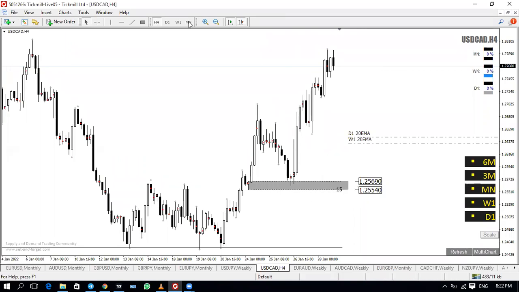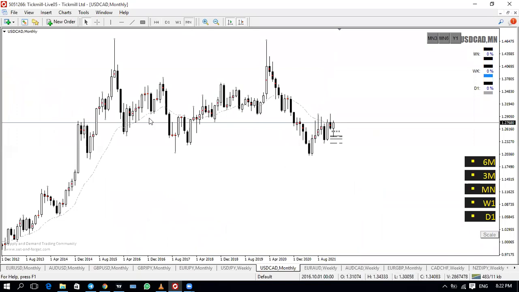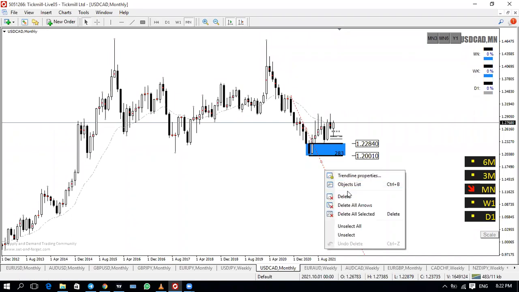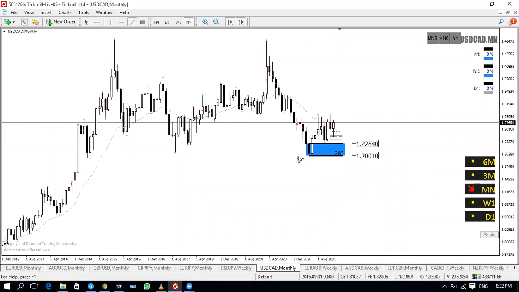So for the next week, since the monthly time frame is bullish, I expect more bullish movement to the upside from this demand level. This is a demand level because it has taken out the trend line solidly, and we have a brand new bullish trend line.